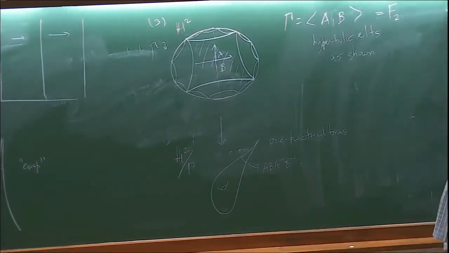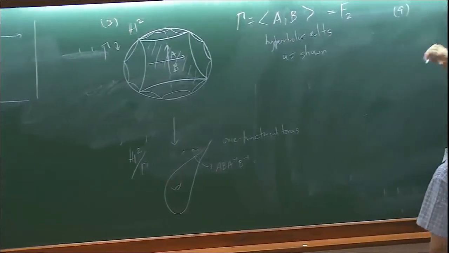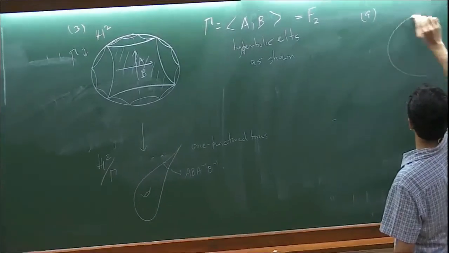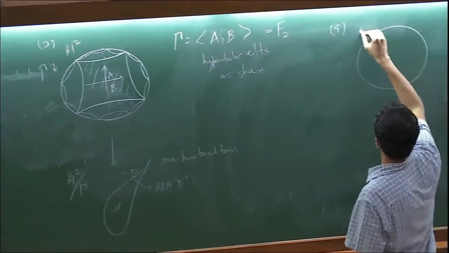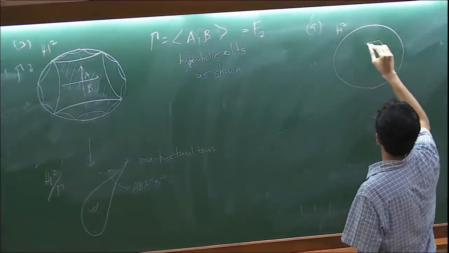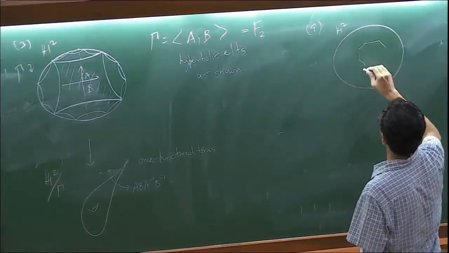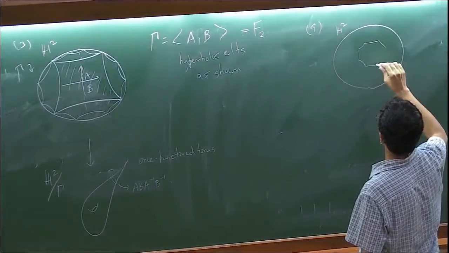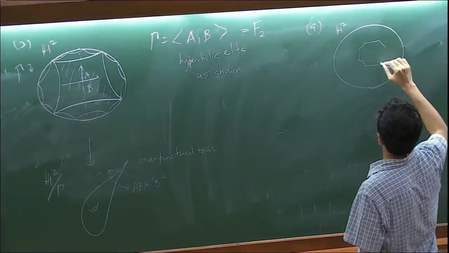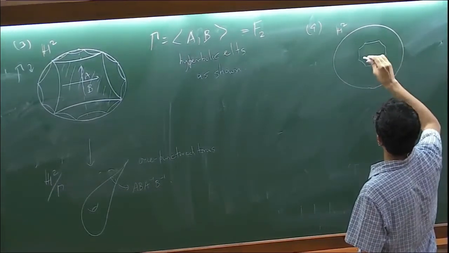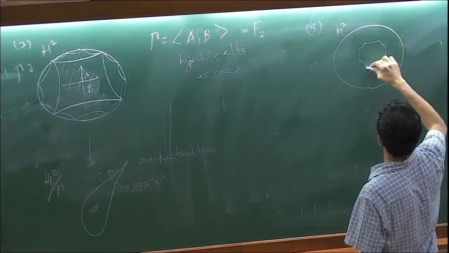And you've already seen examples which give you compact surfaces. So if you start on the hyperbolic plane with some regular octagon, and all sides are equal. So let's see, 1, 2, 3, 4.